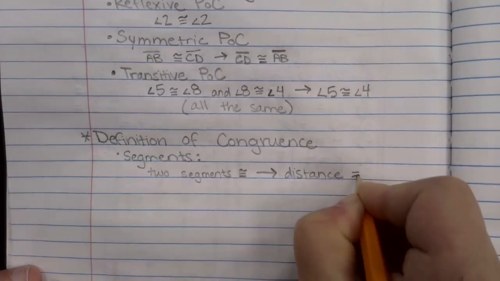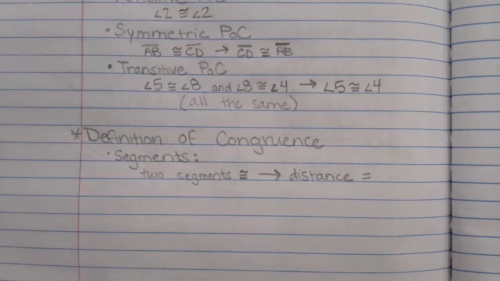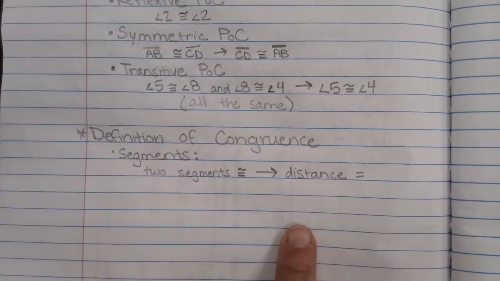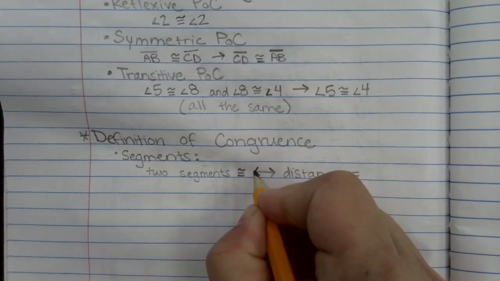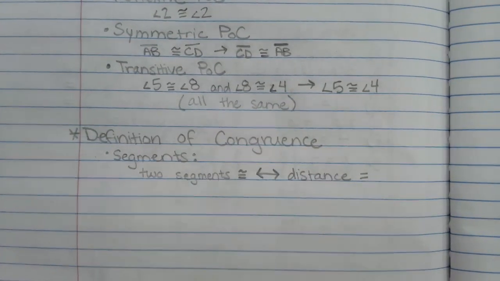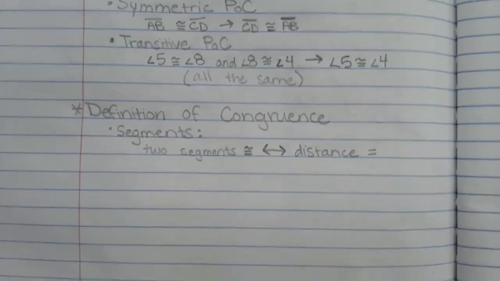So the distance is equal. And this can go back and forth. If I know that the distance is equal, then I know that the segments are congruent. This is an if and only if statement. That biconditional can go both ways.